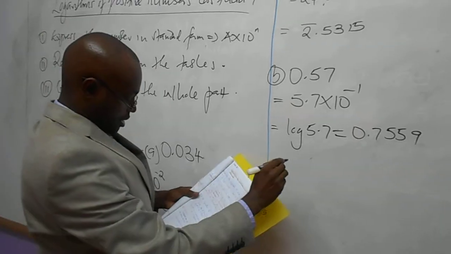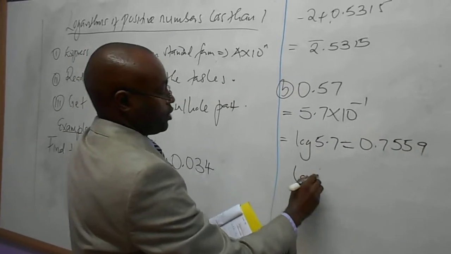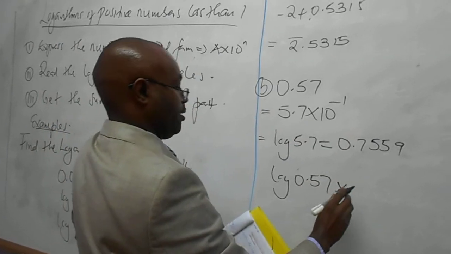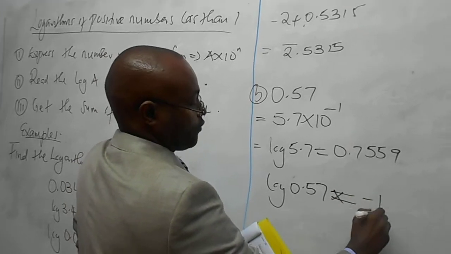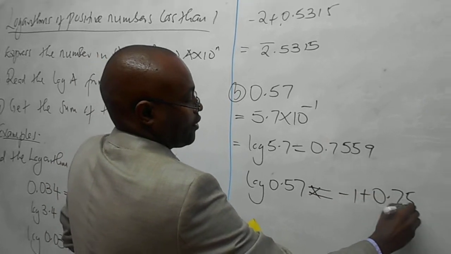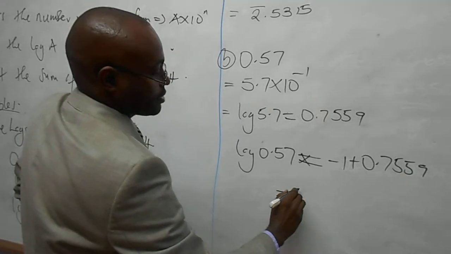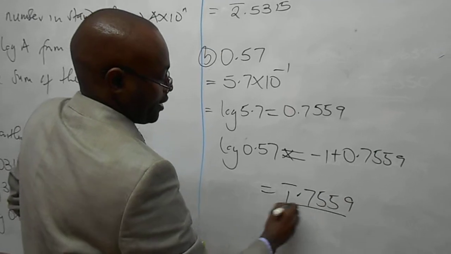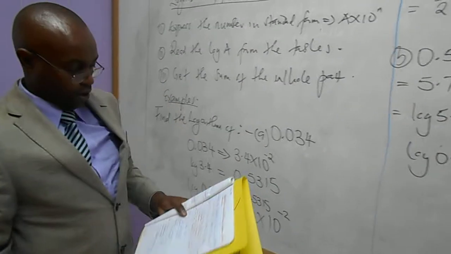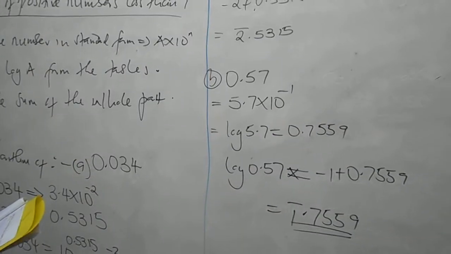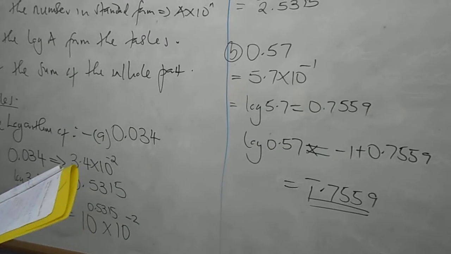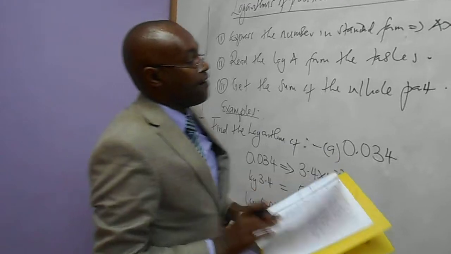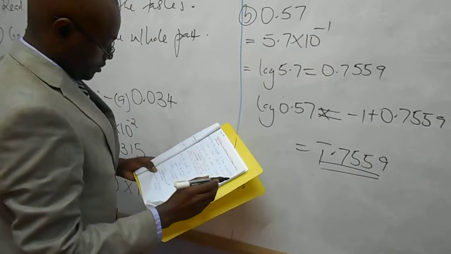Therefore, log 0.57 will be negative 1 plus 0.7559, and that will give us bar 1.7559. That is the logarithm of 0.57, bar 1.7559.